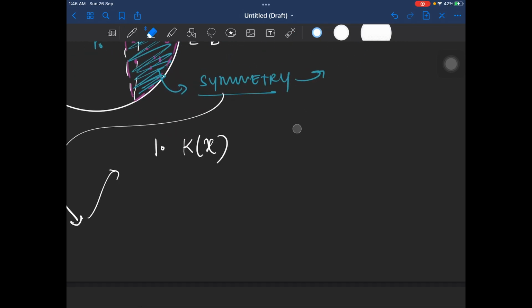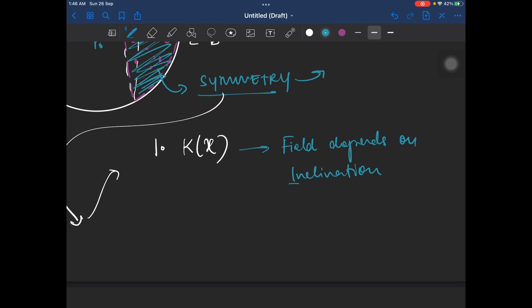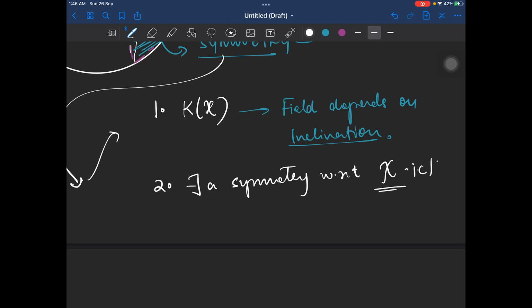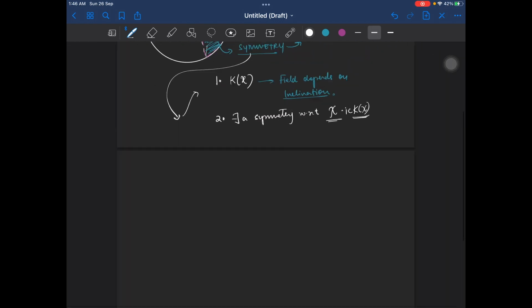Okay, field depends on inclination. Cool. Now we see that there is a symmetry with respect to chi, that is K of chi. So what is it? Simply this thing, right?